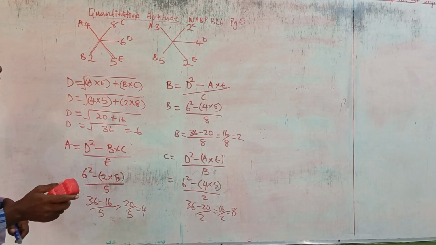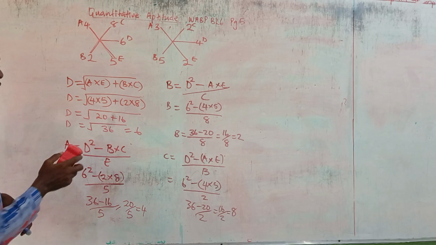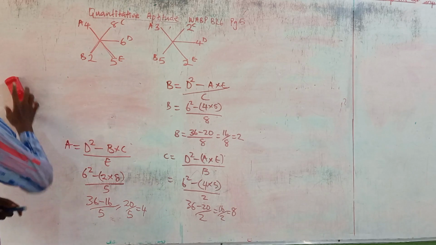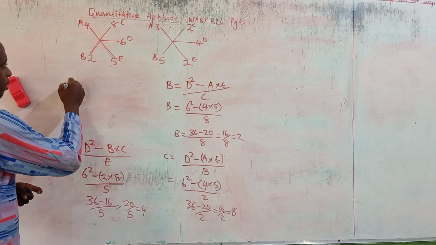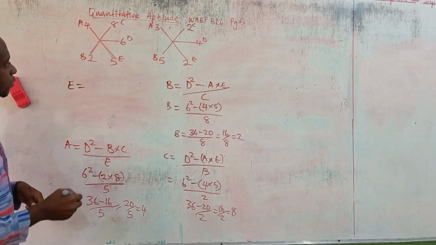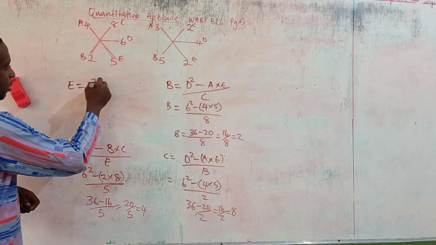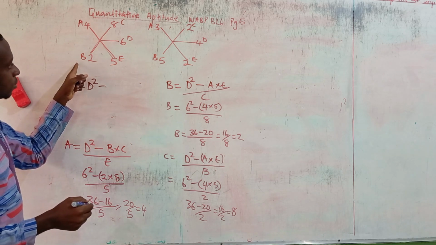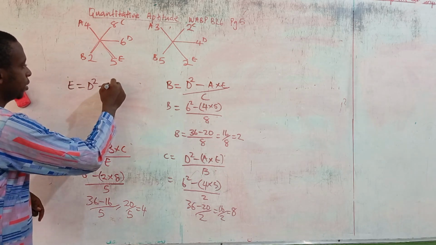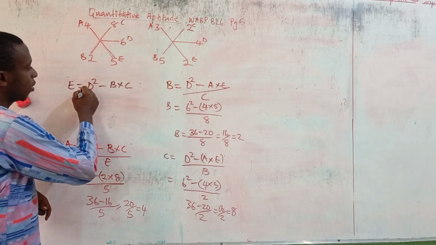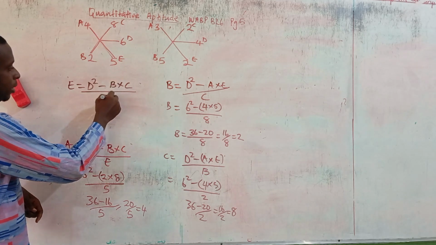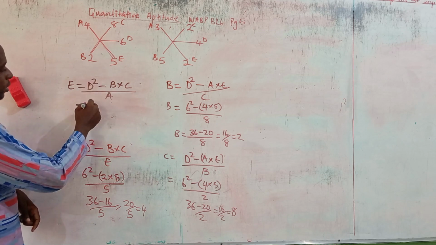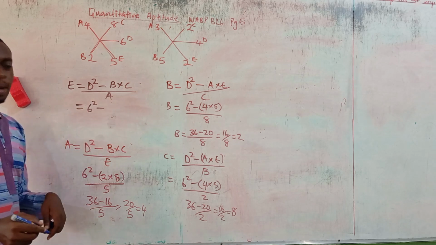So remaining E. So the question is, how do we find E? So E will be equal to the same D squared minus B times C all over A. So our D squared is equal to 6 squared minus, what's our B?